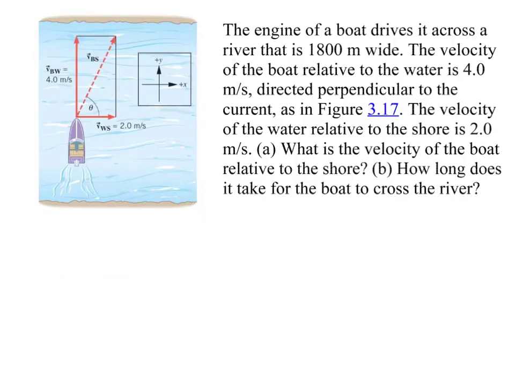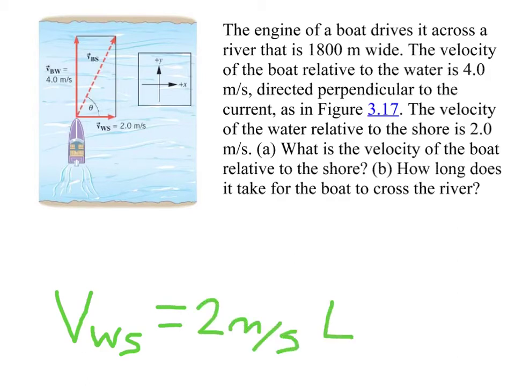So, when we're working with relative velocity, we have to be very careful in writing our subscripts so that they describe which velocity we're talking about. In this particular problem, the velocity of the water relative to the shore is 2 meters per second. And we'll call it VWS equals 2 meters per second east.